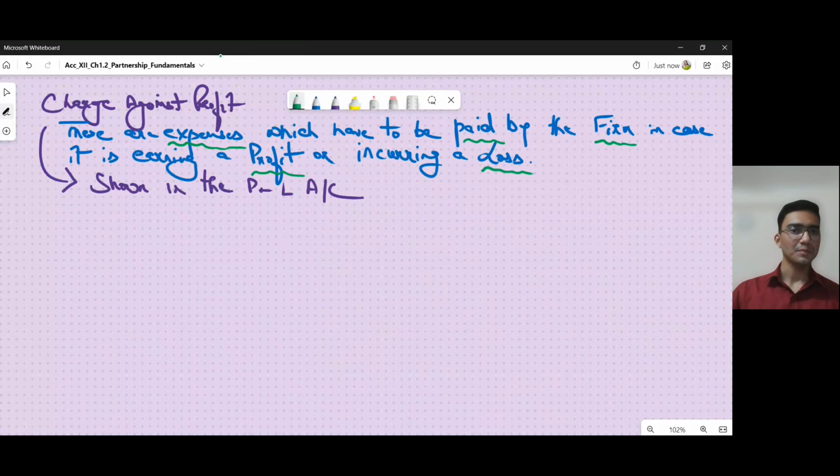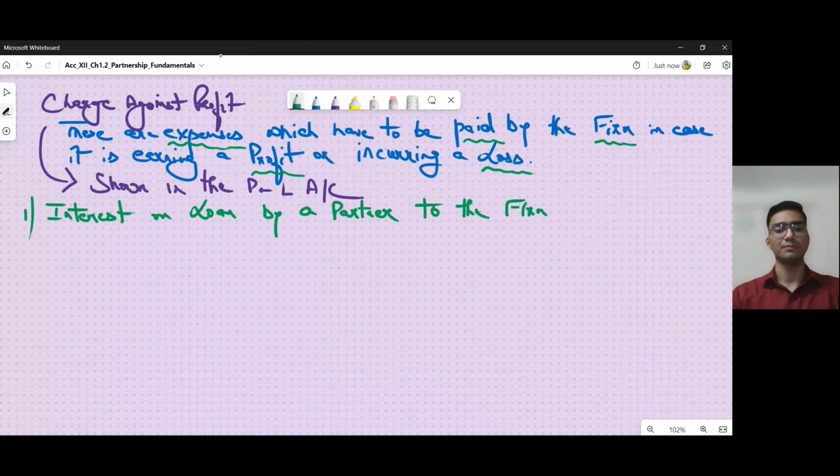The first of them, which we're going to study now, is interest on loan by a partner to the firm.